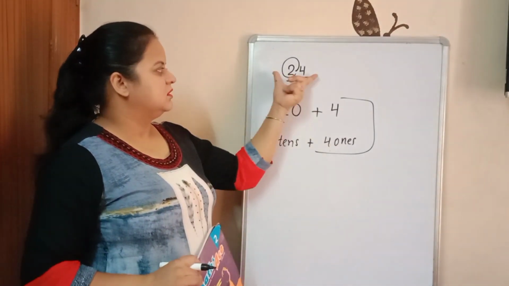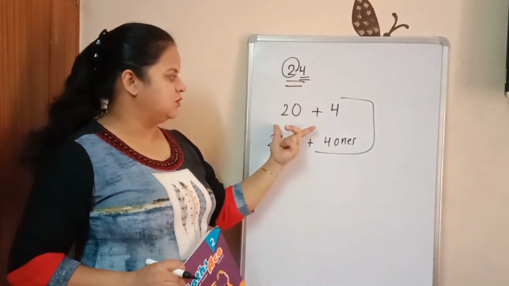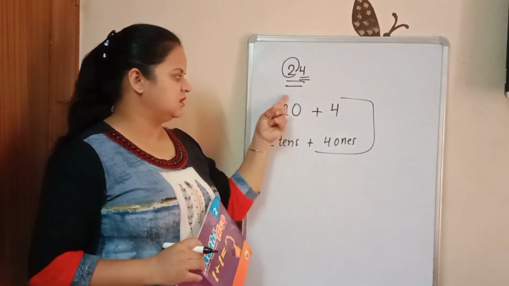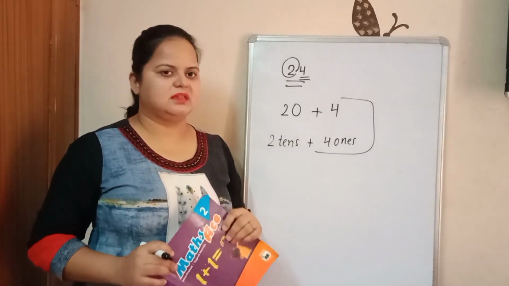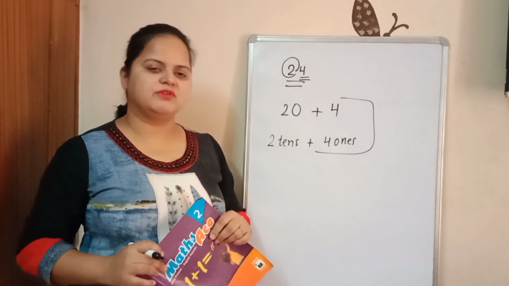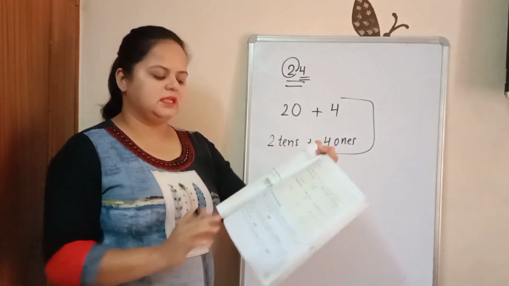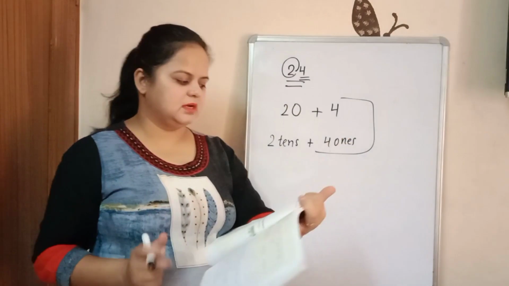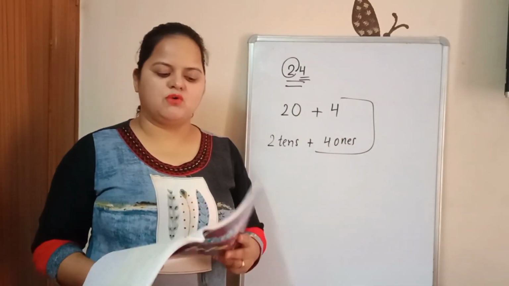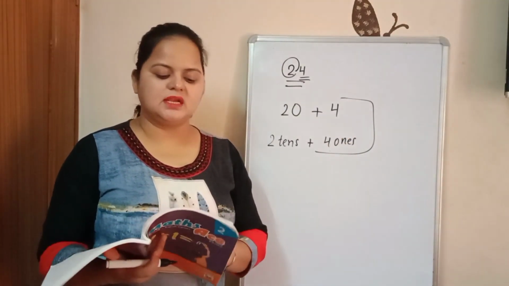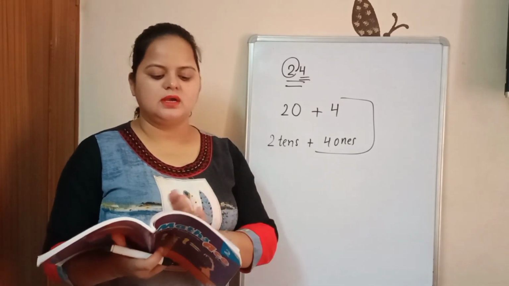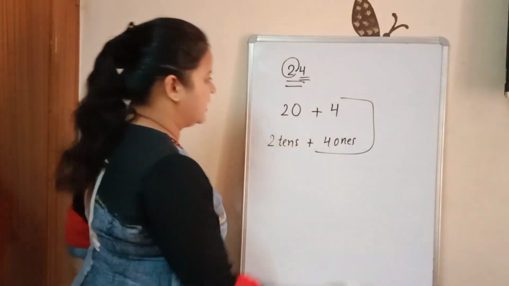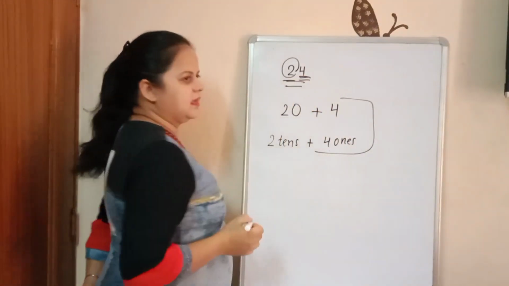जब हम इन नंबर्स को इनके प्लेस वैल्यू के अकॉर्डिंग यहाँ राइट करेंगे तो इसको क्या कहते हैं? इसको हम कहते हैं एक्सपेंडेड फॉर्म ऑफ नंबर्स. Let's see in the book page number 64. Here is given expanded form of numbers. Expanded form of numbers is written by breaking down the number according to the place value of each digit. अब देखिए हमने यहाँ क्या किया, हमारे पास 2 डिजिट्स हैं.